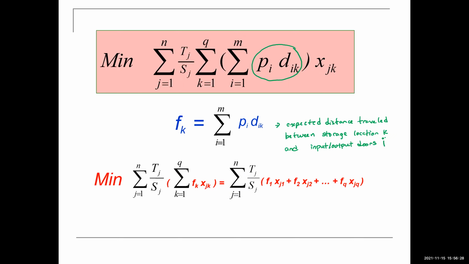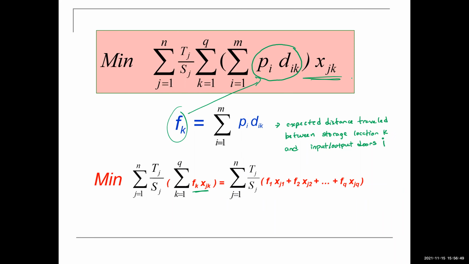Then if we substitute that Fk into here, that's what we are doing. Now this portion right here is just the multiplication of Fk times Xjk, which was already here.